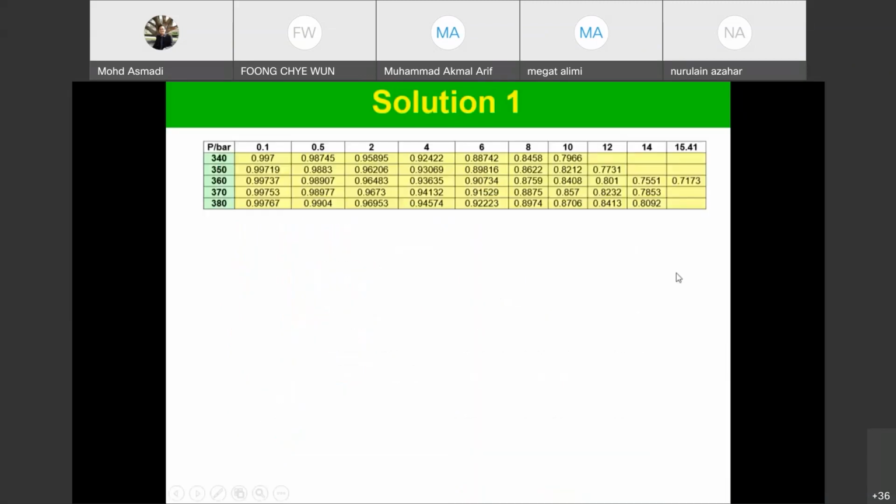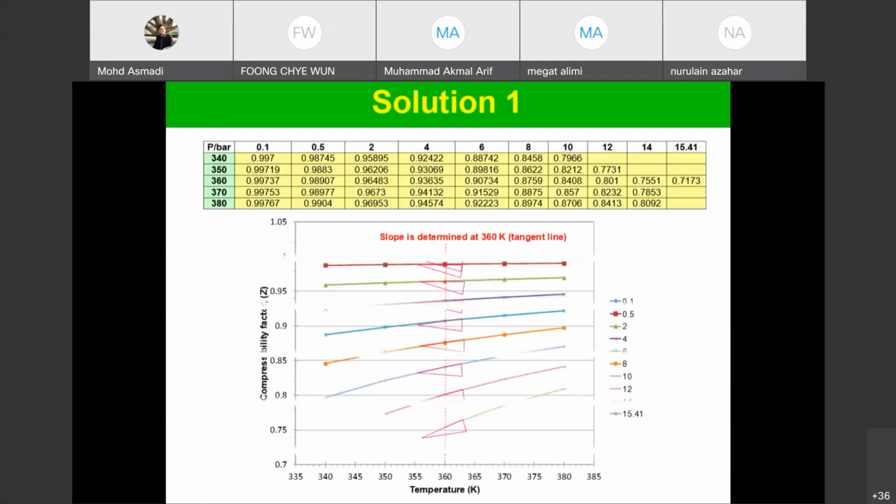So what you have to do, you have to construct a graph, compressibility factor versus temperature, for each pressure. This is temperature, and this one is compressibility factor. So just construct the graph.